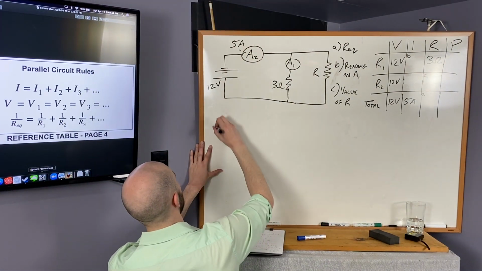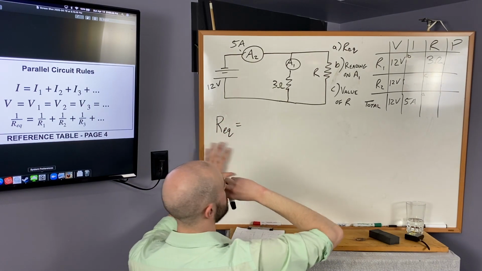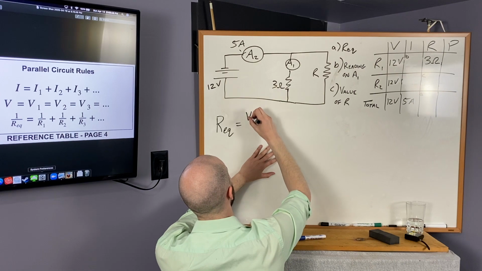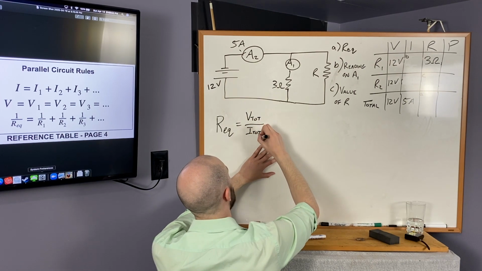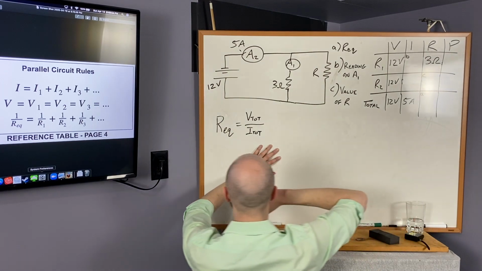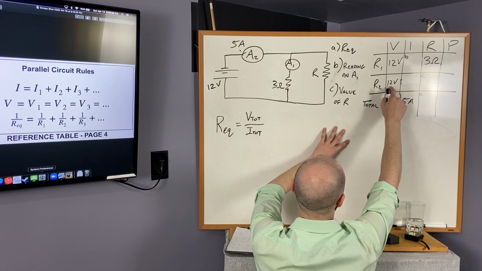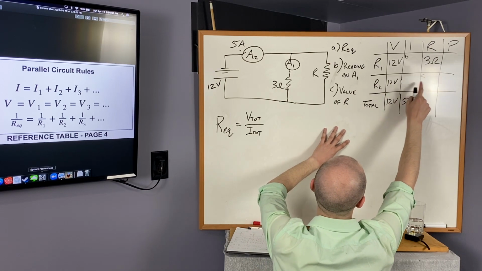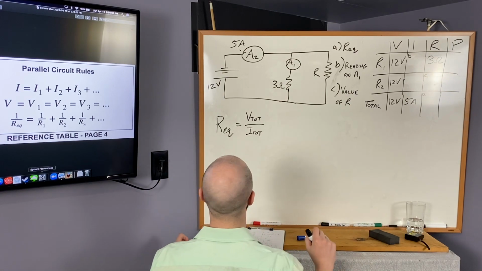So, Ohm's law says that the equivalent resistance is equal to V total over I total. I'm always looking down the row when it comes to Ohm's law. If I was looking at R2, I would say V2 over I2 is equal to R2. But we're looking at the total row.